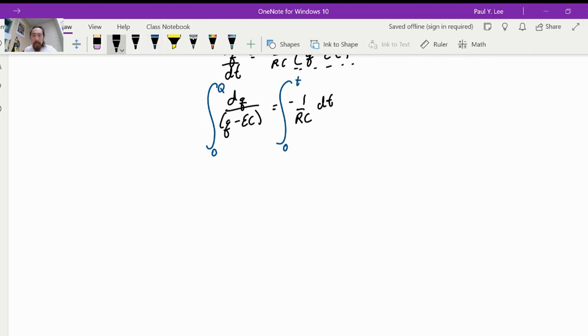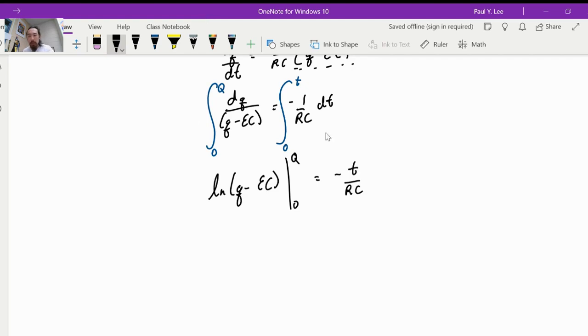According to the rules of calculus, whenever you have dq or dx over something, we get the natural log of that something, so ln of q minus epsilon C, with bounds 0 to Q. Over on the right-hand side, negative 1 over RC is a constant, and the integral of dt from 0 to t just gives us negative t over RC.